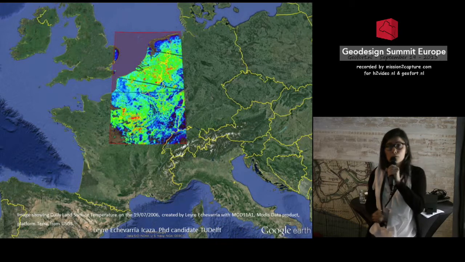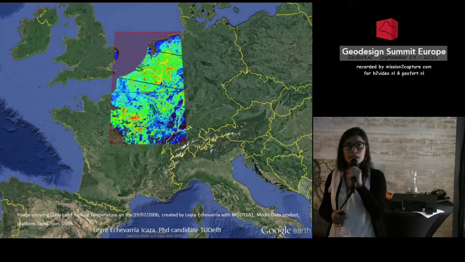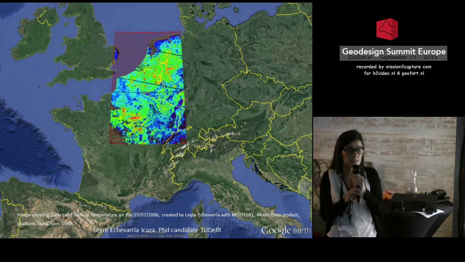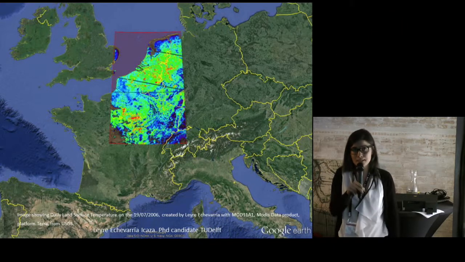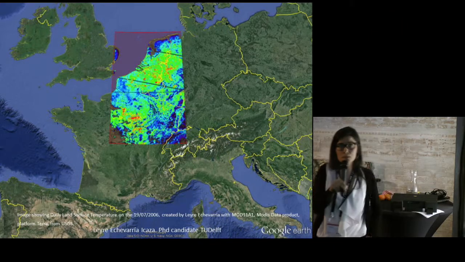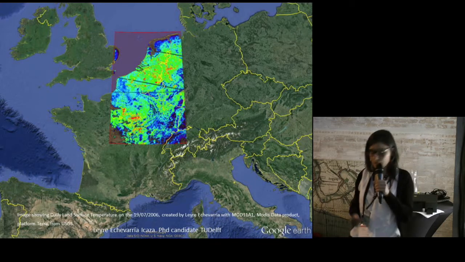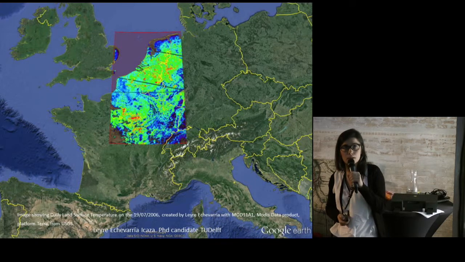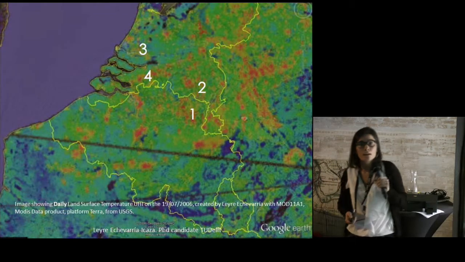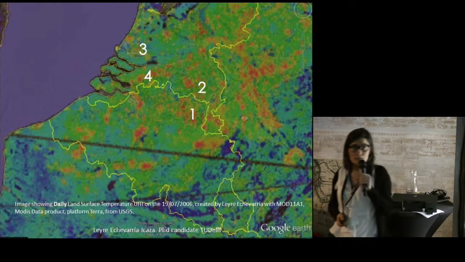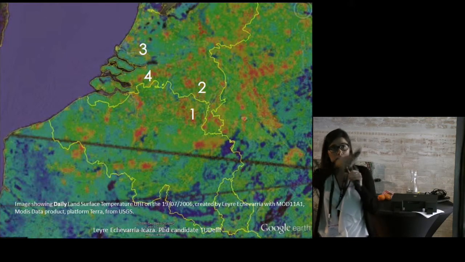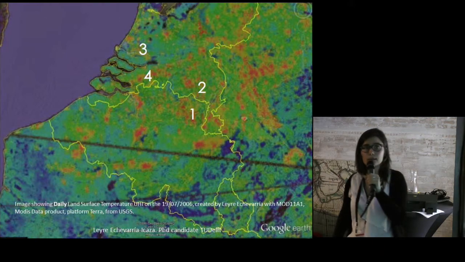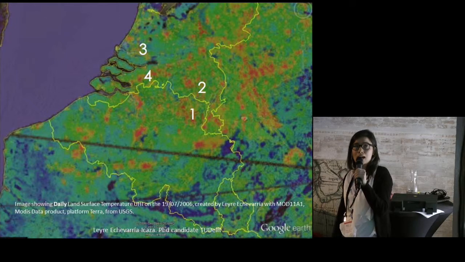If we look at the Benelux case, here we can see the daily land surface temperature in the region for the 19th of July of 2006, which was also another heat wave that we experienced in Europe. We can see that there are several hotspots, indicated here with numbers, that represent higher surface temperatures.